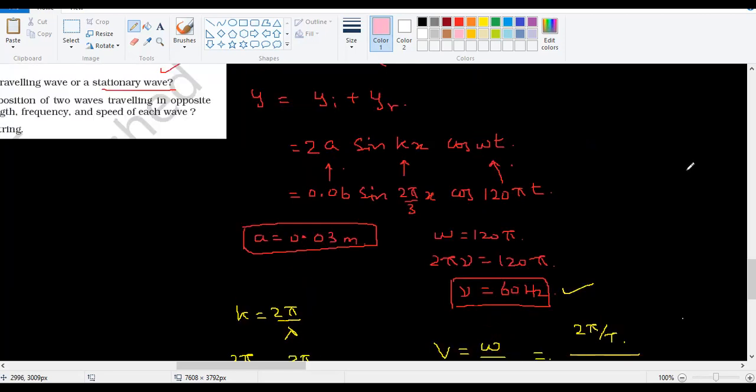Okay, so that's all for the B part. So we found the velocity also. That was the last part.